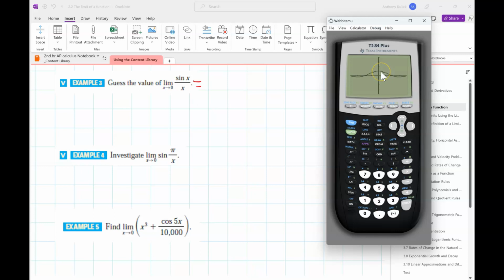Looks like we're heading towards 1, right? If I zoomed in a bunch, nope. What might I notice?